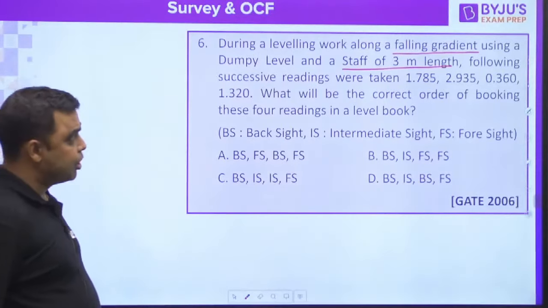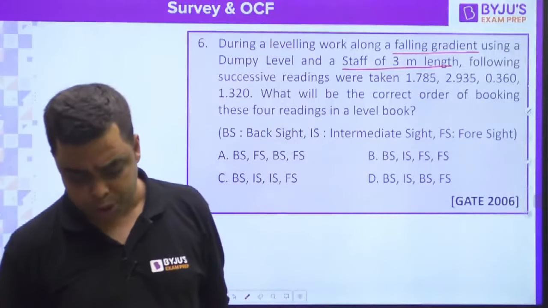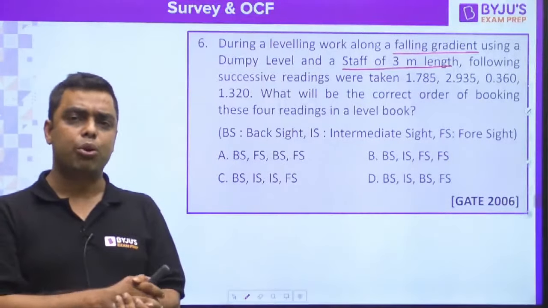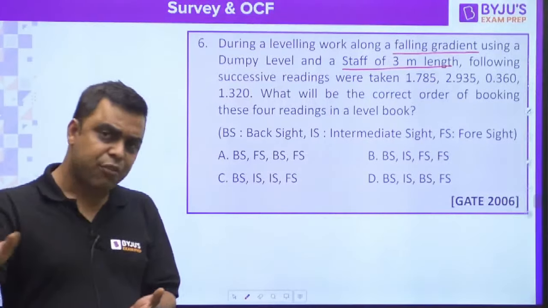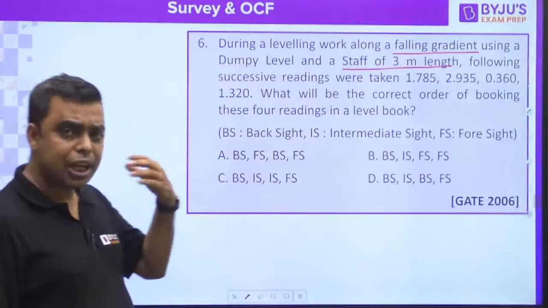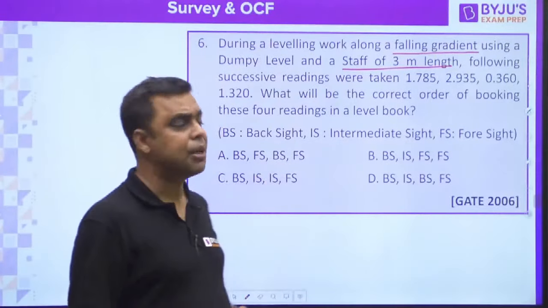Okay guys, see, there are 2 key points over here. One important point is that it's a continuous sloping ground, that is falling gradient, and secondly the staff is of 3 meter, so in any circumstances we cannot take a staff reading more than 3 meter.